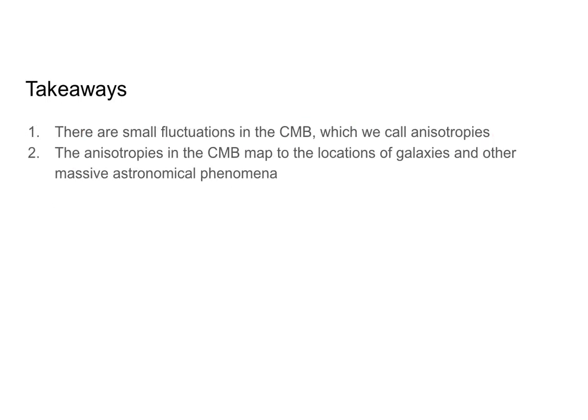So with that, that brings us to our takeaways. So first, there are small fluctuations in the CMB, which we call anisotropies. And the key thing that we have talked about is that those anisotropies have a different temperature than the rest of the CMB. Second, the anisotropies in the CMB map to the locations of galaxies and other massive astronomical phenomena.